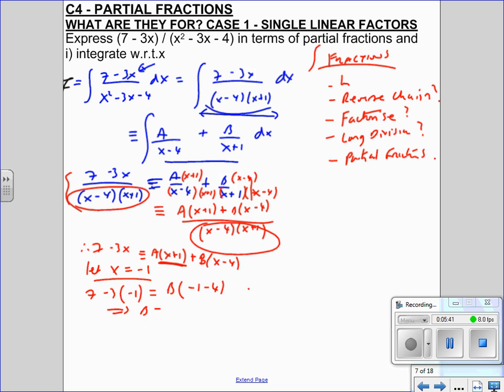So from here I can tell that b is 7 minus 3 times -1, that's 10, all divided by -5. So therefore b is -2. Done. What value of x, because now I need to find a, what value of x will make this bracket turn to 0? Well, 4.